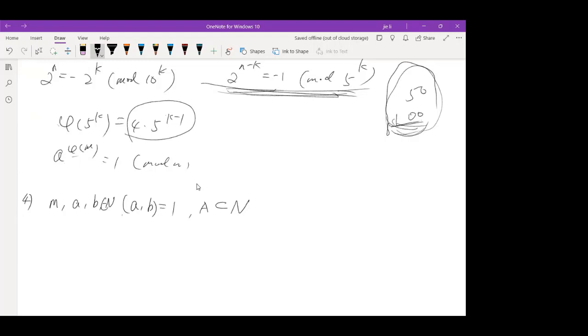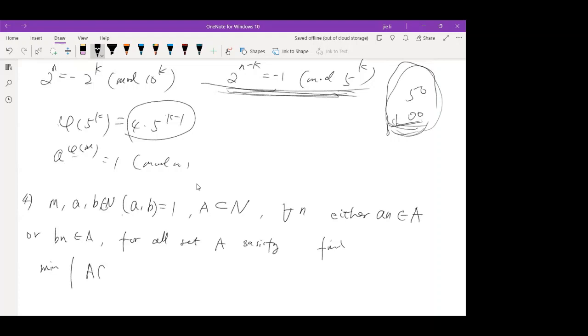So that for any n, you will have either an belongs to A or bn belongs to A. Okay, so for all sets A satisfying this, find the minimum of A intersect 1, 2, all the way to m.